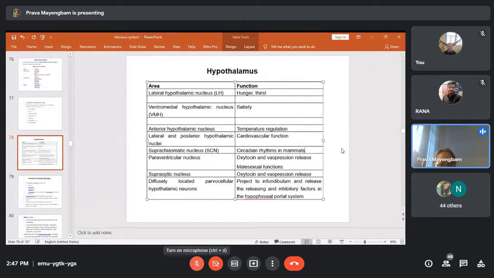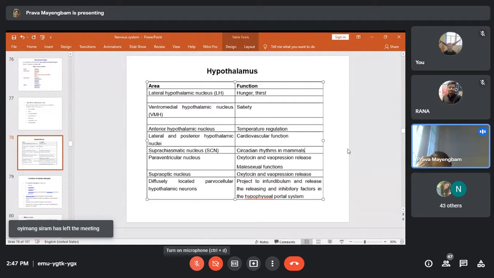So there is a biological clock in our body, that is the suprachiasmatic nucleus in case of the mammals, and this is the suprachiasmatic nucleus which is going to control any activities which are repeated in the cycle of 24 hours, every day. So this is controlled by suprachiasmatic nucleus.